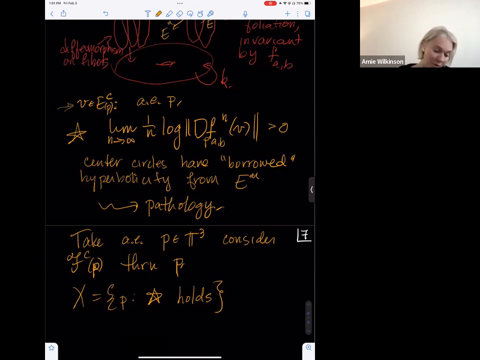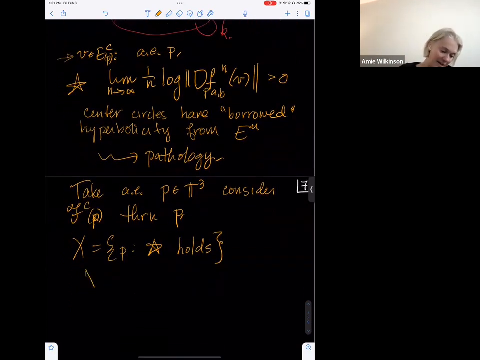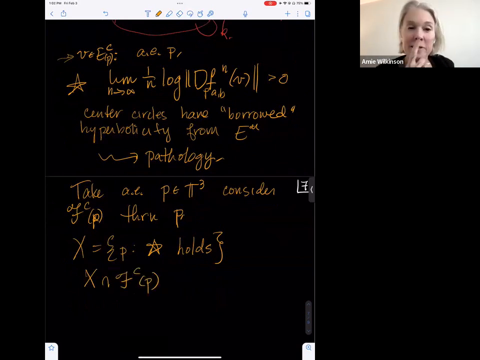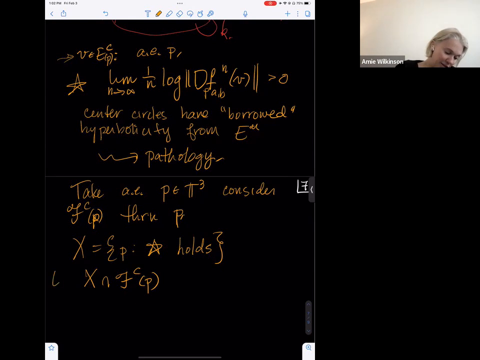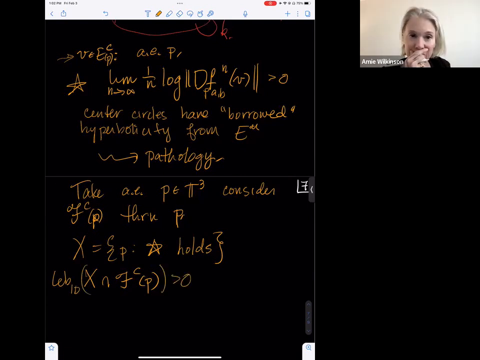So if I let X be the set of P such that this holds, and now I look at X intersect FC of P, I want to claim that has measure 0. But what if it had positive measure? Well, if the 1D Lebesgue measure of this were positive, I'm getting one person nodding, I like that. So if it were positive, then if I were to apply FAB to that circle, I go to another circle.